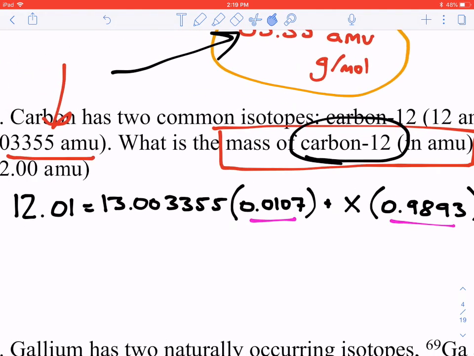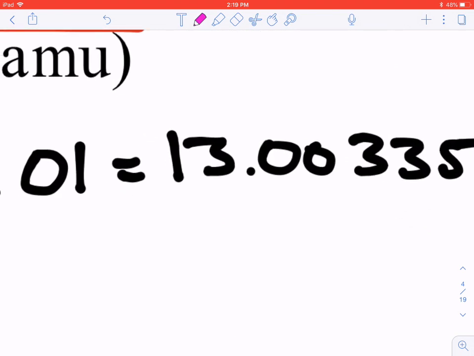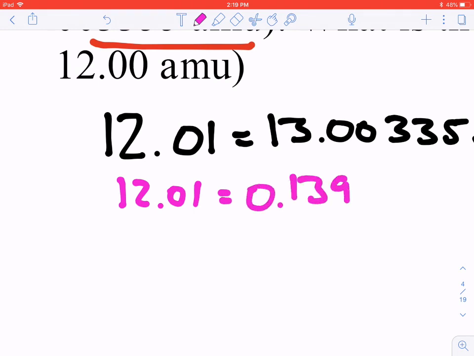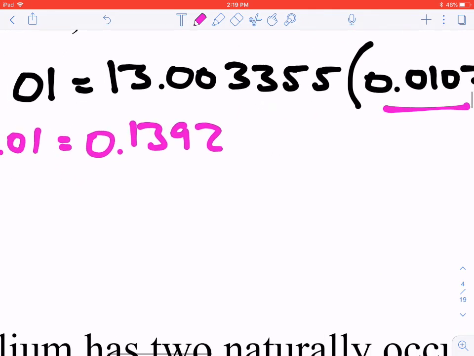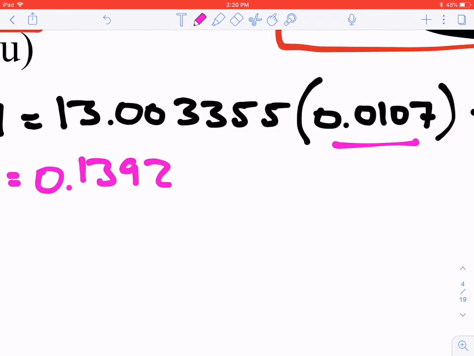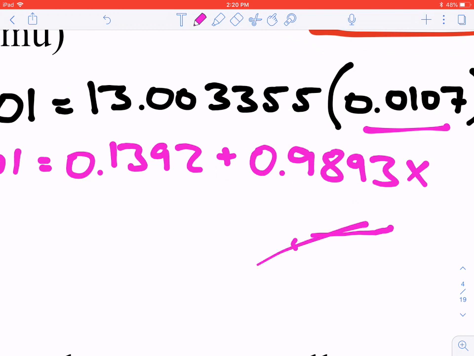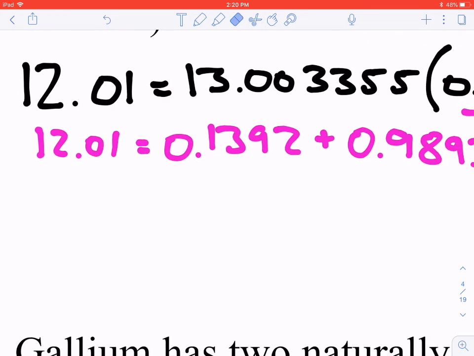So there's a little bit of work we should do. Let's combine these terms. So we'll have 12.01. When you do this multiplication, you get 0.1392, and that is still added to our 0.9893x. We can then subtract across the 0.1392, right?